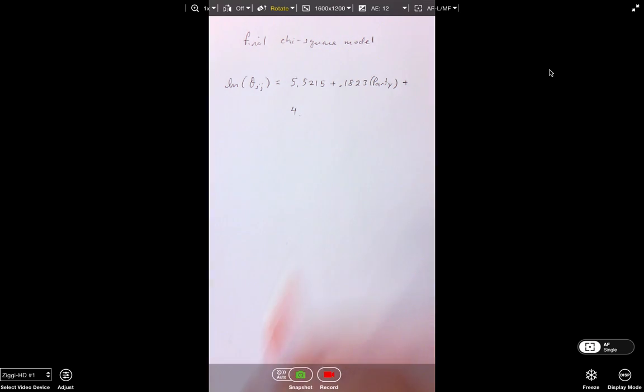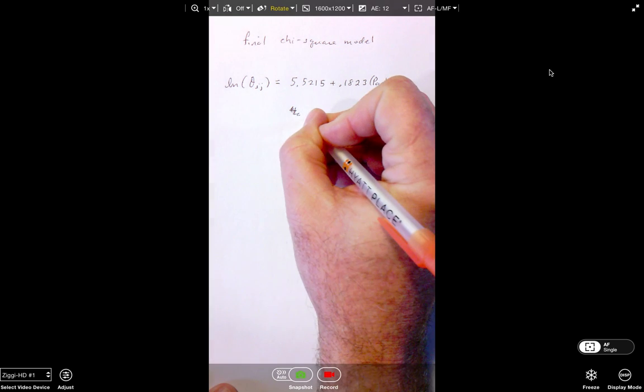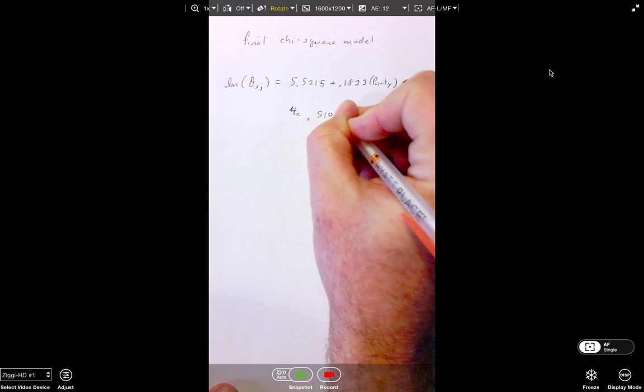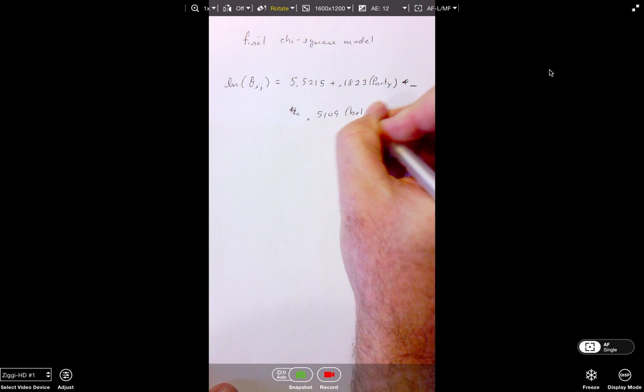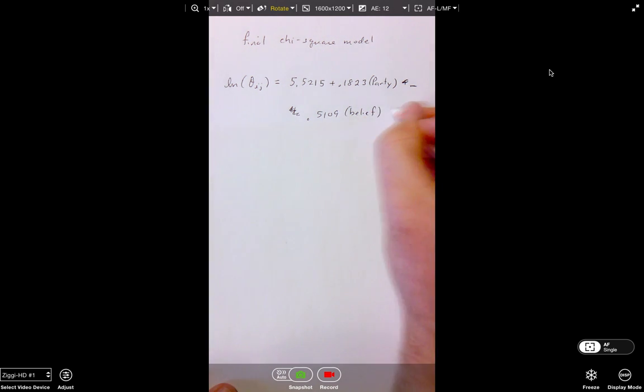4.823. No, wait a minute, that's not right. I'm losing my mind here. This is actually minus 0.5109 times belief plus the natural log of the error term.